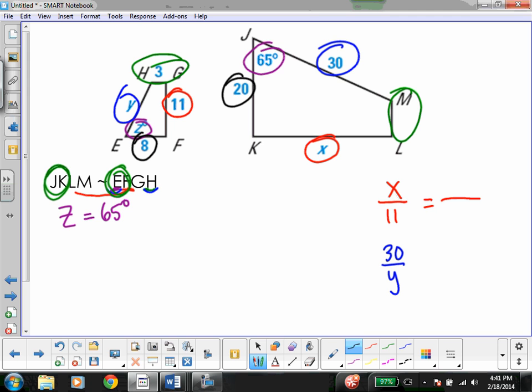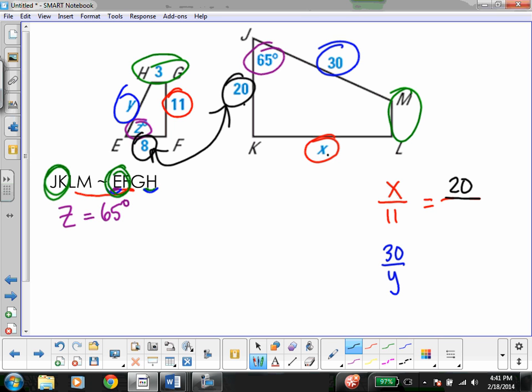JK and EF. Since I have two numbers here, I can use this to create my proportions. Since I put X on the top of the first fraction, I need to put 20 on the top of the second fraction, staying consistent. The variables and numbers from the same shape need to be in the same position in the fractions.